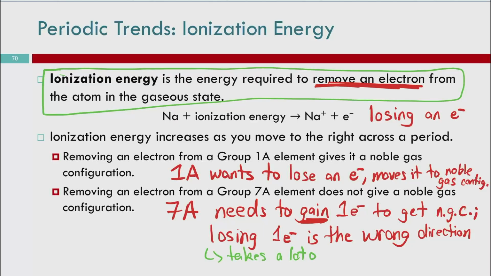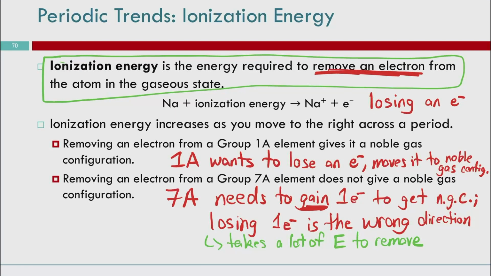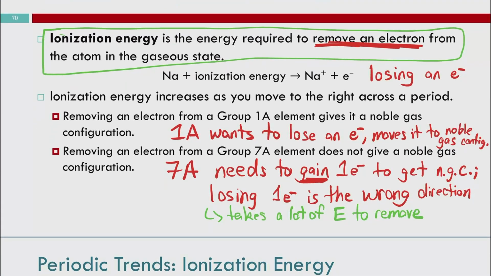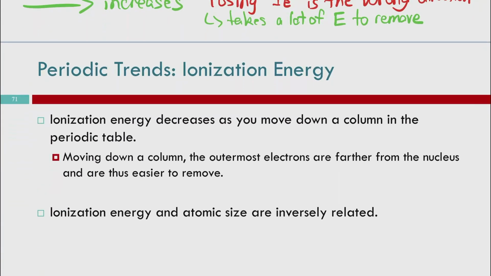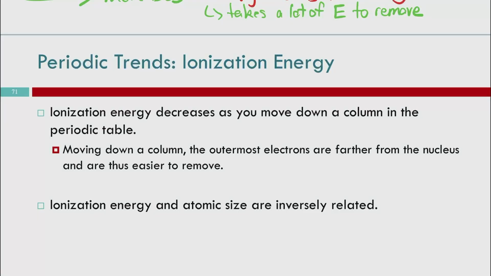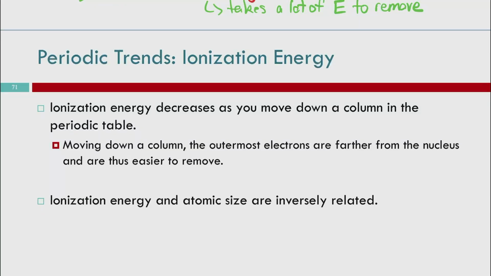Takes a lot of energy to remove. So that's our left to right. Our left to right increases, and as we move down a column, we're adding new layers, remember? And the further those electrons are, the easier it is to remove. So it increases when we're moving up because we're getting smaller atoms.